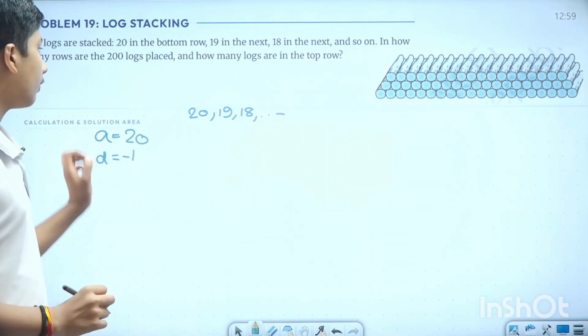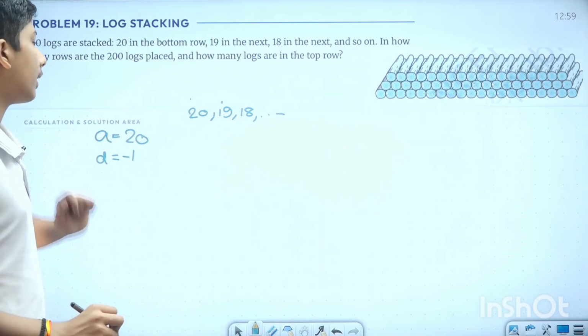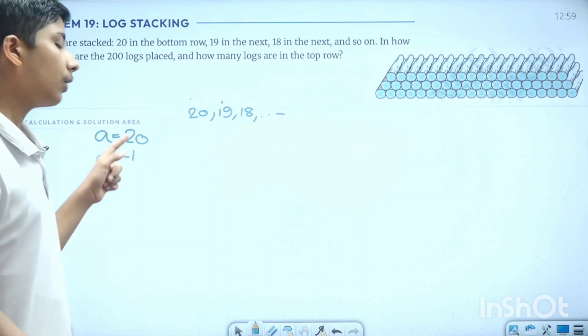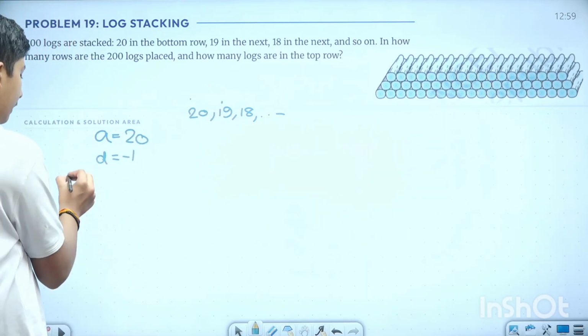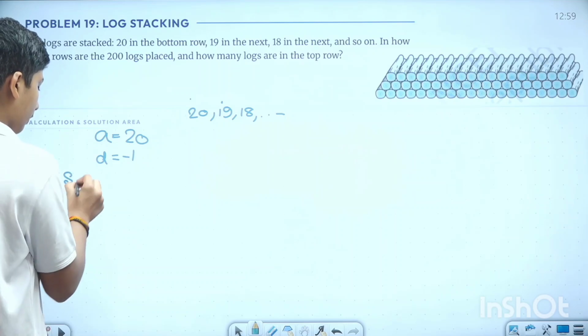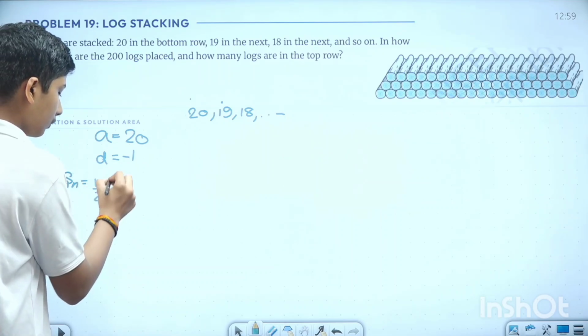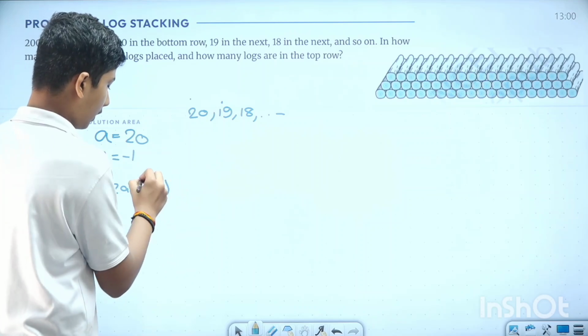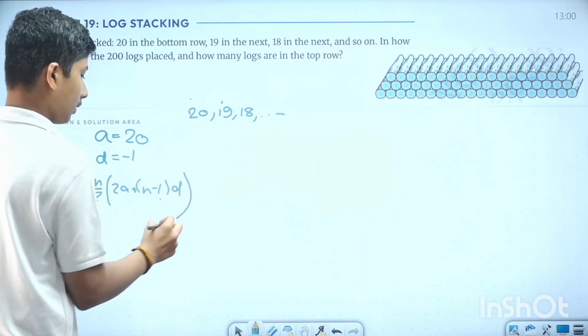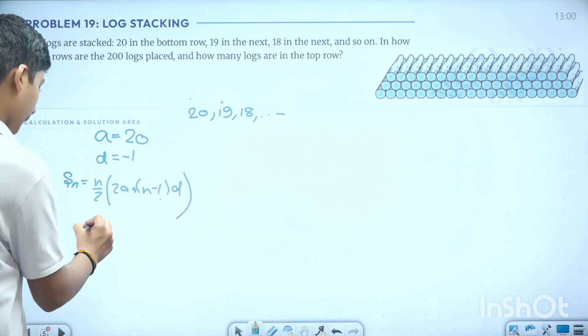So d will be minus 1, second term minus first term. Now we have to find out n. The sum of n terms is n by 2 into 2a plus n minus 1 into d. We have to solve this.